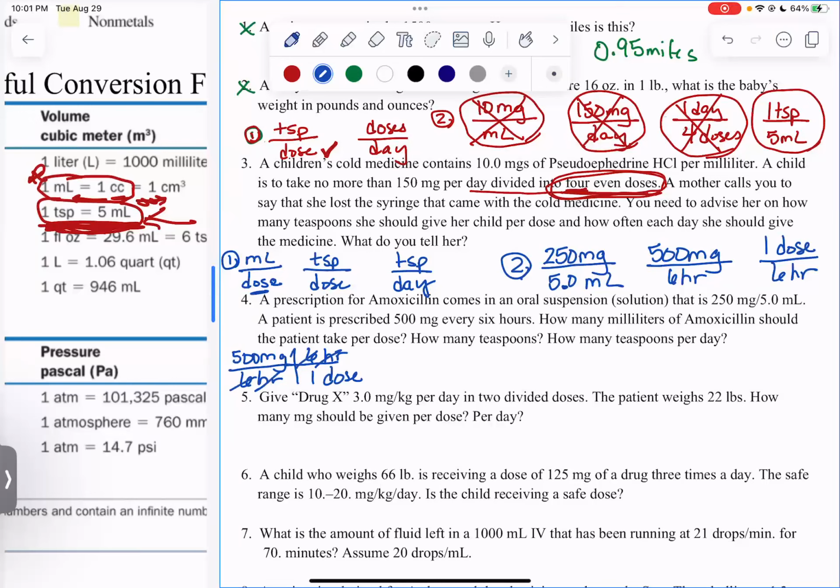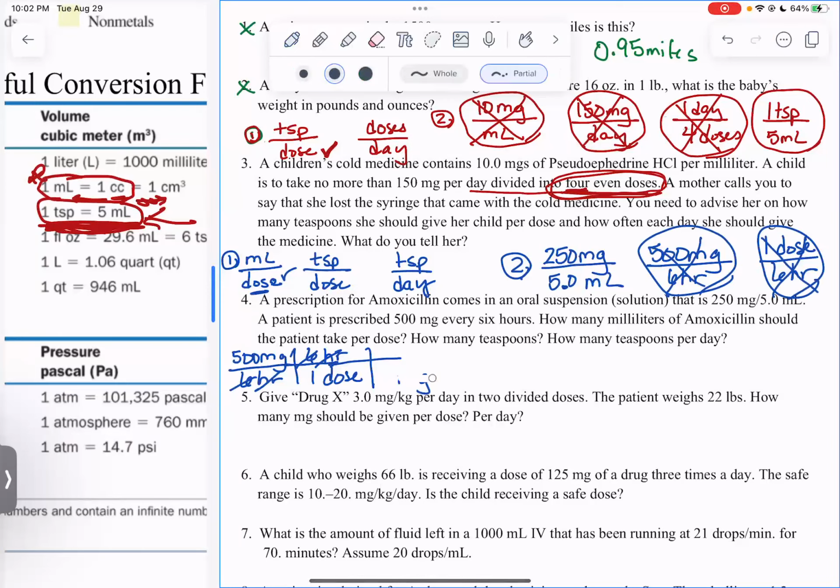So I need to know how many milliliters per dose. Now I'm in milligrams per dose. Dose is good, but I need to convert to milliliters, and I am in milligrams. If milligrams is what I want to get rid of, I'm going to put it on the bottom. Didn't give myself enough room. I never do. 250 milligrams.